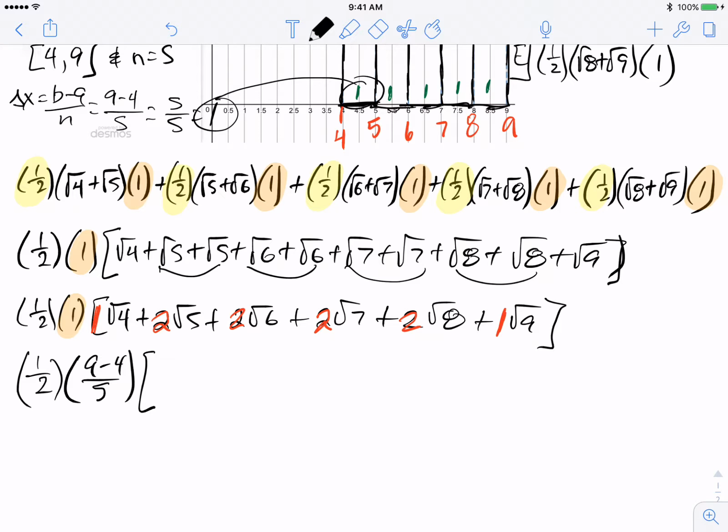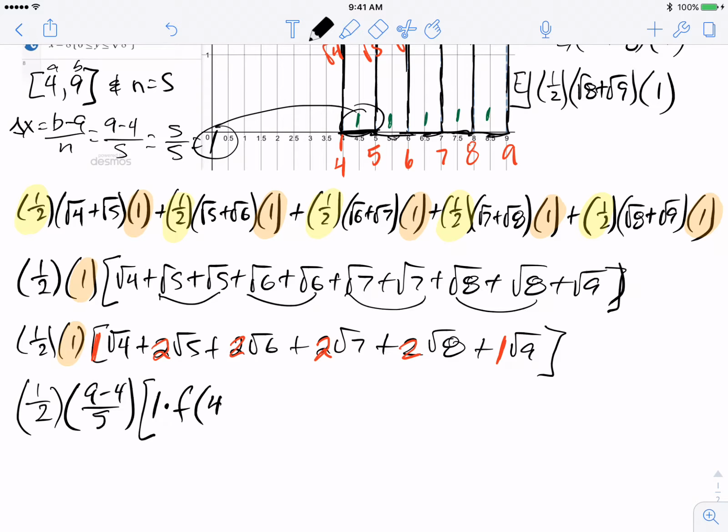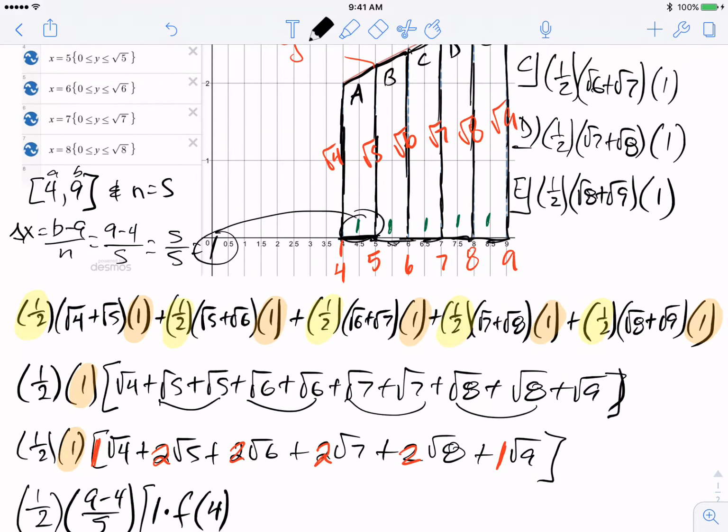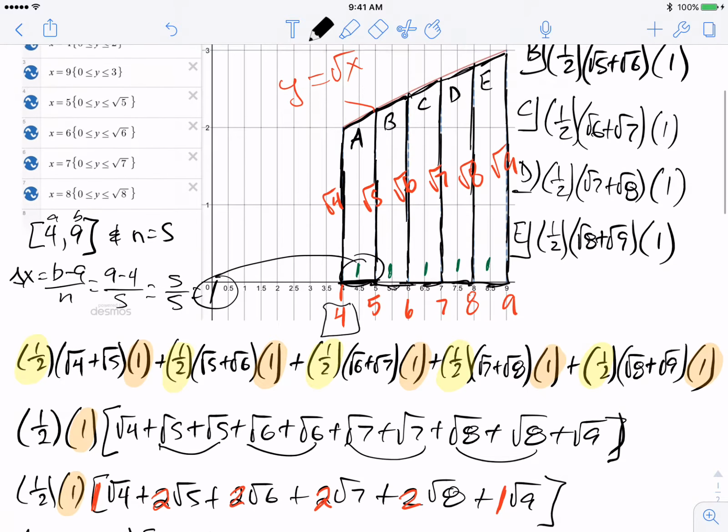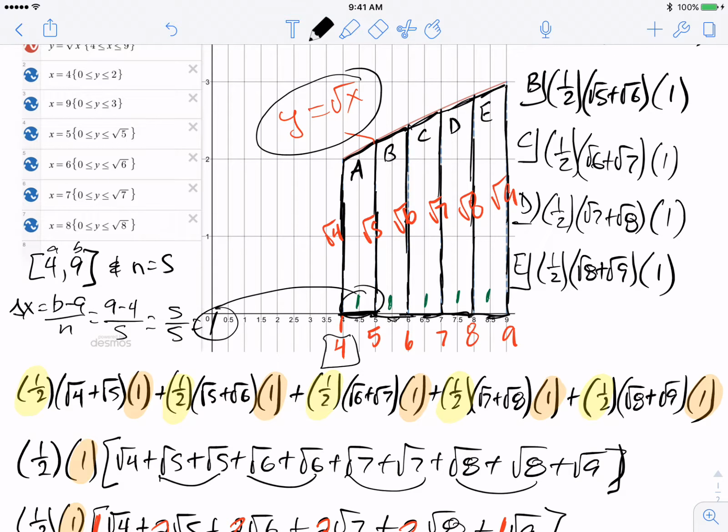Now within these parentheses, again, I have 1 at f of 4 in this case. And what does that mean? Well, our interval starts at 4, so 4 is the first thing that I plugged into y equals root x to get this first height.